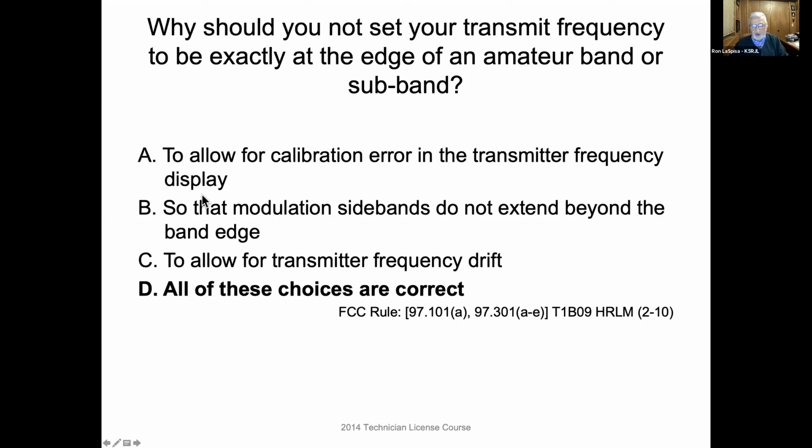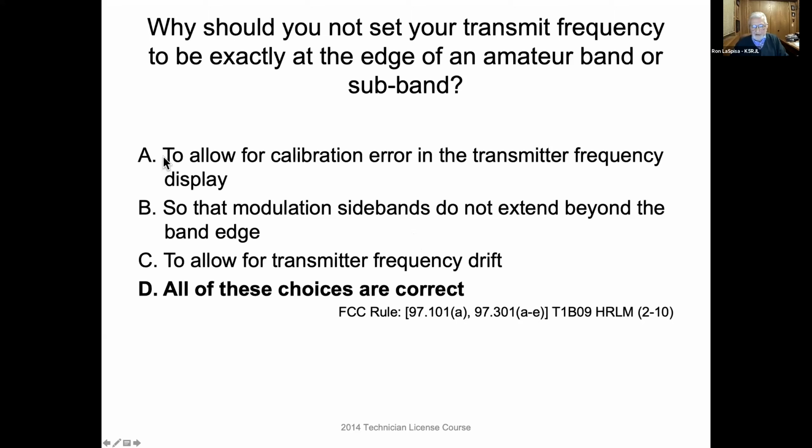Now, the most important answer in this, all of these are correct, is so that the sidebands don't extend outside the band edge, right? If we're going to transmit FM or AM, we're going to have sidebands, and we don't want to transmit those outside of the range that we're permitted to.